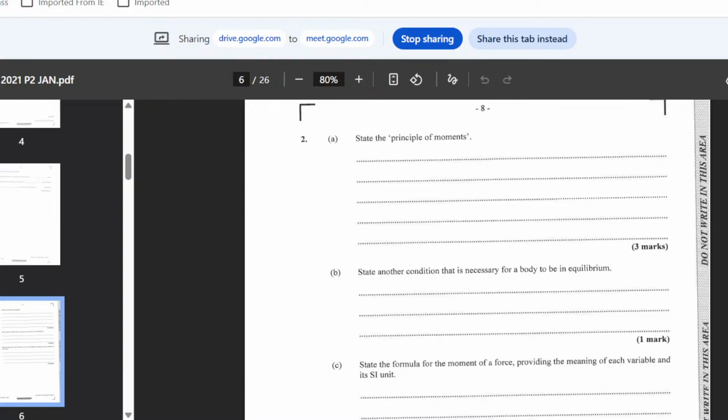Yes, go ahead. It states that the anti-clockwise moment is equal to the clockwise moment for a body to be in equilibrium. Or you might need to rearrange that a little bit. Let me see, I think there is a question here.